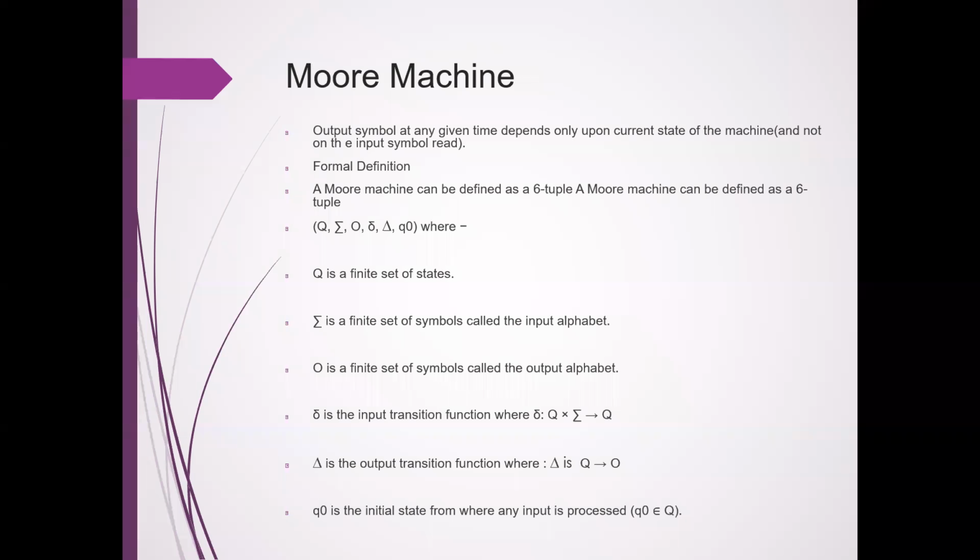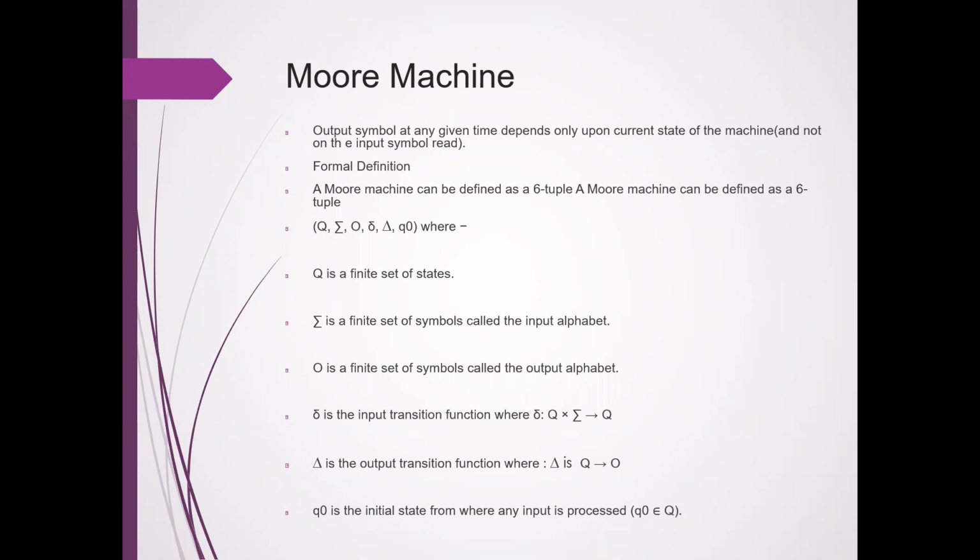You can see here there are six tuples, and the meaning of almost all tuples is the same as the finite state machine which we learned earlier. Here capital Q is nothing but a set of states that you all know. Then sigma is a finite set of input symbols.